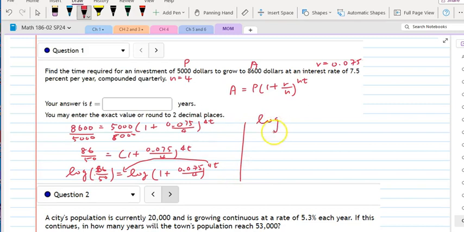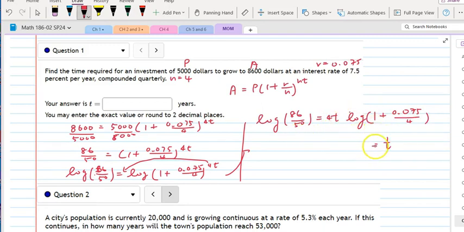So we have log of 86 over 50 is equal to 4t times log of this number, 1 + 0.075 over 4. To solve for t, we just divide by 4 and log.